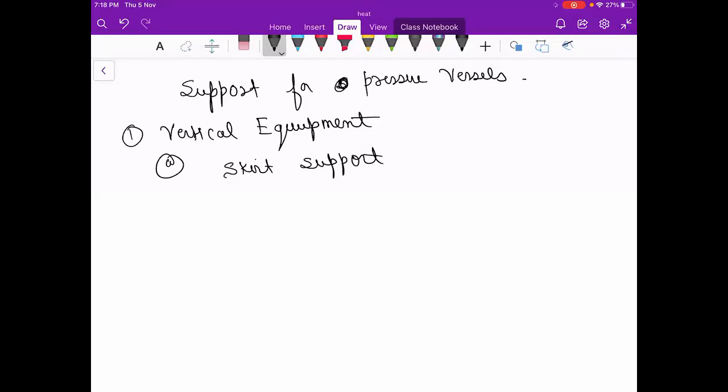Skirt support is nothing but, at the bottom, we give some space. Suppose you have an equipment like this. Sorry, I will try to make a proper diagram.